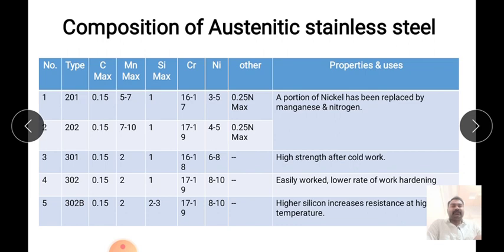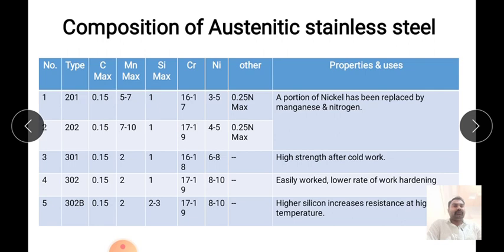Chromium is 16 to 17%, 17 to 19%, 17 to 19%. In addition to chromium, nickel is also there, 3 to 5, 4 to 5, 6 to 8, 8 to 10%. On that basis, a portion of the nickel has been replaced by manganese and nitrogen here.